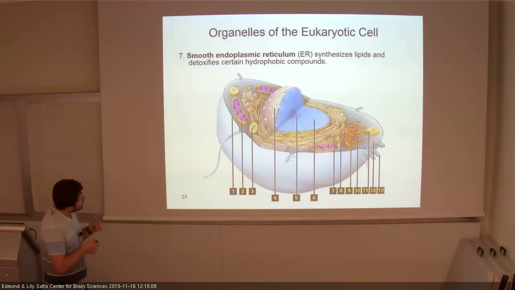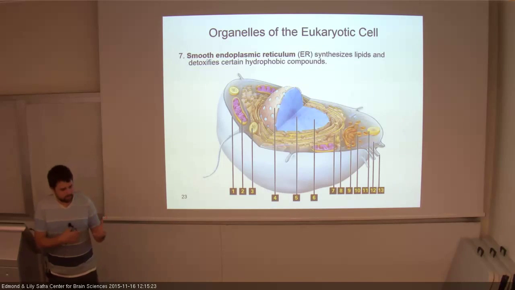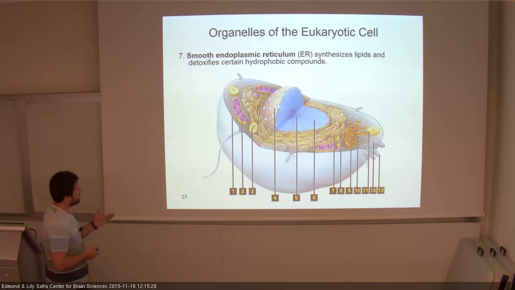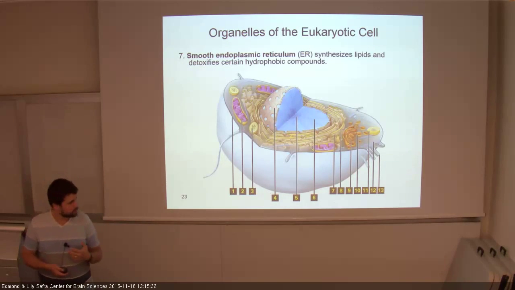I think they point toward this structure, but you see that in this structure you don't have these spots that we'll talk about later. And this is mainly in charge of synthesis of lipids and detoxifying all sorts of compounds.